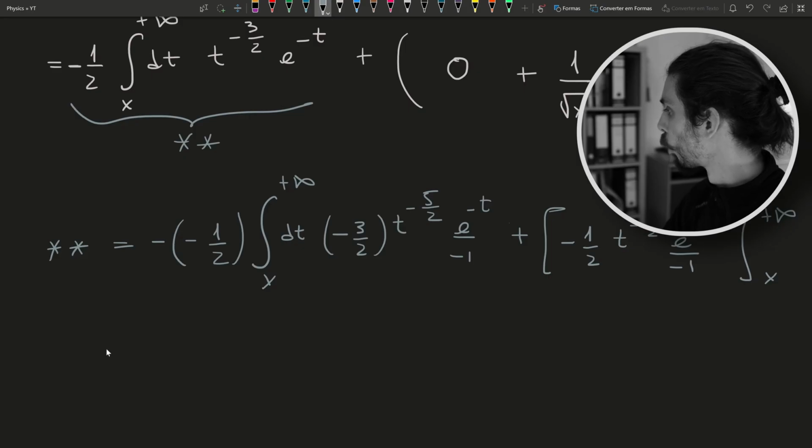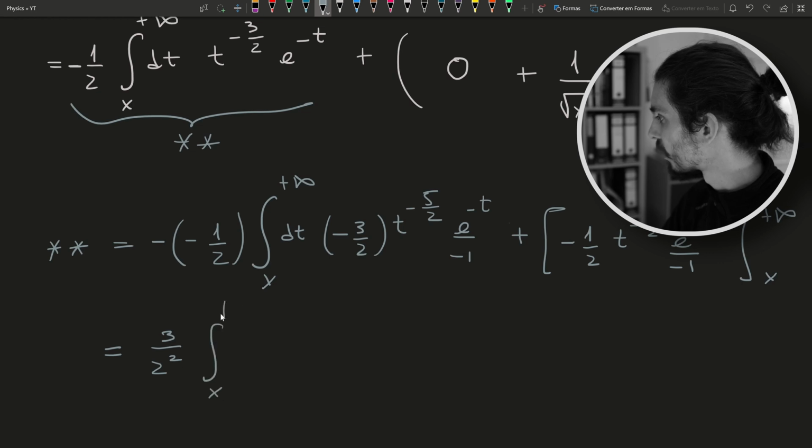Simplifying now our result, we start by lumping all constants and signs on this side, so we get minus minus plus, and then the constants 1/2 and 3/2. So we get 3/2 squared, and then the remaining part of the integral, dt, t^(-5/2) exponential.